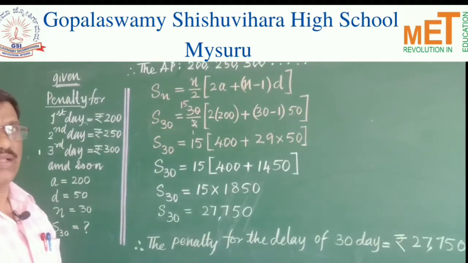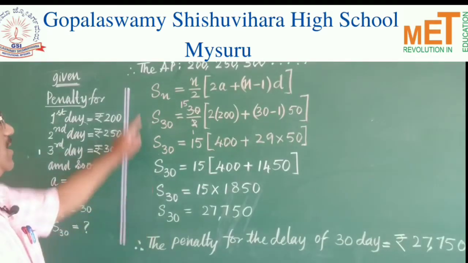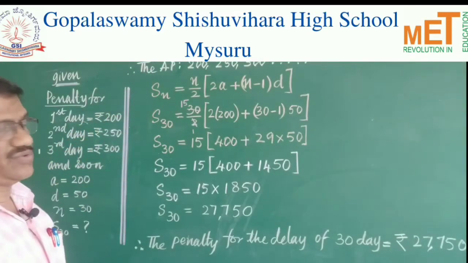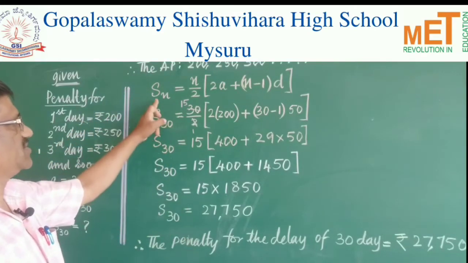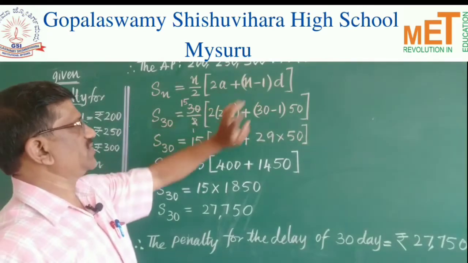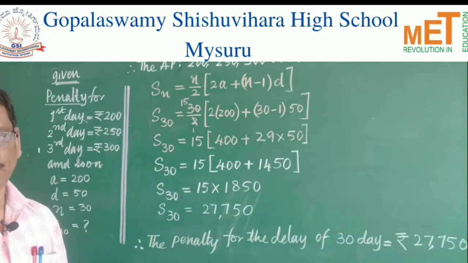Clear, children? So here you see the AP is like this. The formula we have to use here is Sn is equal to n by 2 into 2a plus n minus 1 into d. Is it clear, children?